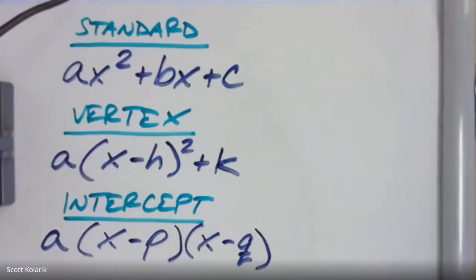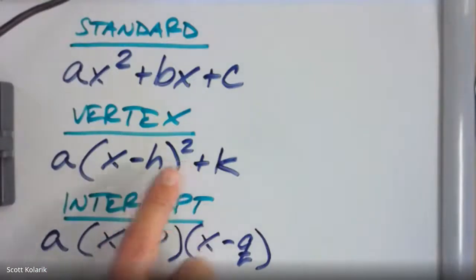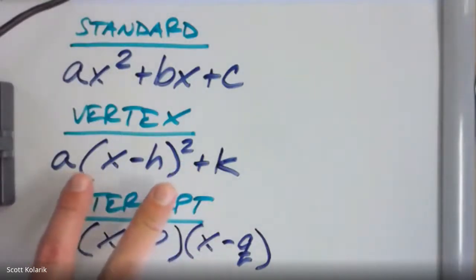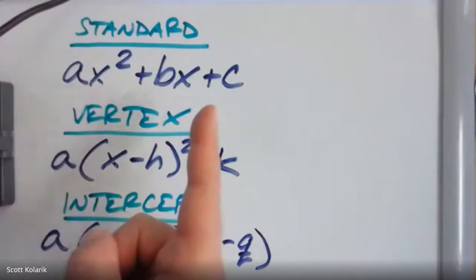Now, one thing I want to emphasize, we have talked about these 3 different forms now. Technically, I can rearrange any one of these to look like one or the other. It would take some work, more in some cases than in others, but particularly with these 2 forms, vertex and intercept, if I were to use my techniques from chapter 2, namely taking this parentheses and squaring it, so taking x minus h and multiplying it by itself, and then collecting my like terms throughout this function, I'm going to get back to this kind of form.